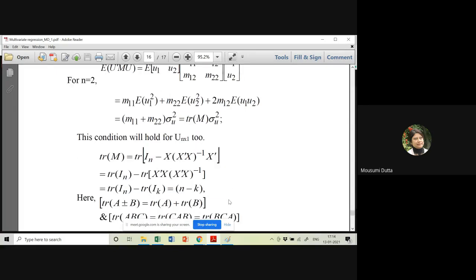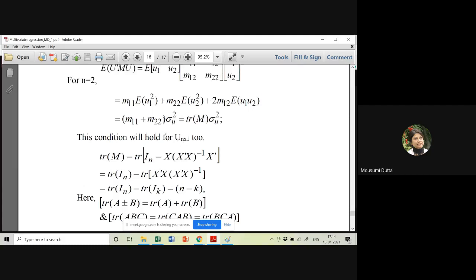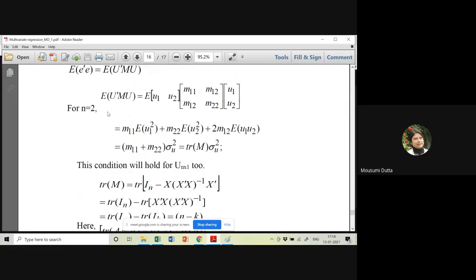This condition will hold for u of order n by 1 too. Here I talked about 2 dimensions. However, if I incorporate all n dimensions, then also this property will hold. Ma'am, in the matrix M11, M12, then it should be M21, no?